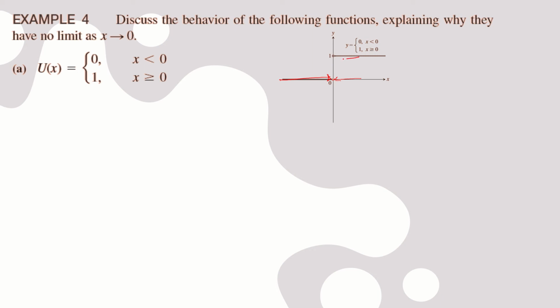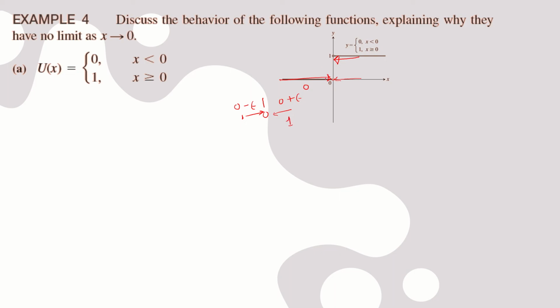So the graph that we get is this one. This means that when we talk about the neighboring behavior at this 0, when we approach from the left, that means if you are to the left of this point, that is 0 minus epsilon somewhere here, in this interval it is giving you 0. But when you approach this point from the right side, which means the 0 plus epsilon part of the interval, in this case the function is giving you 1.